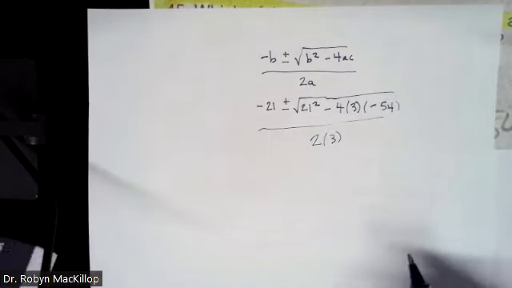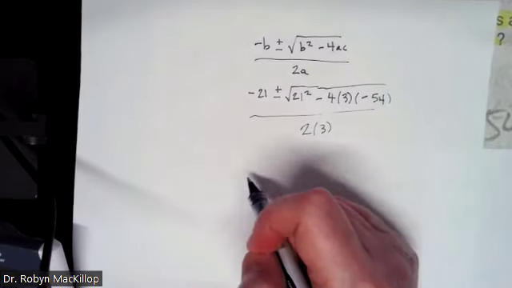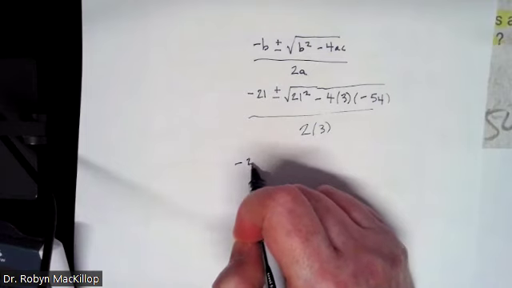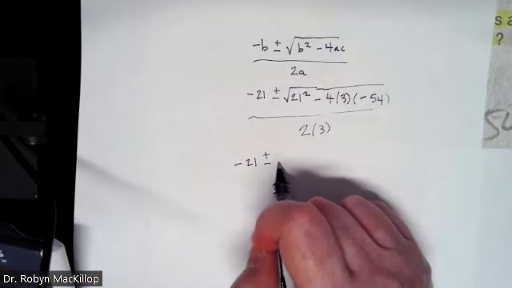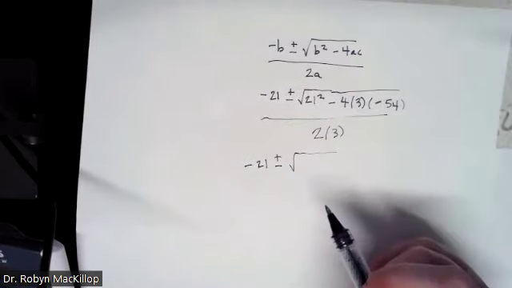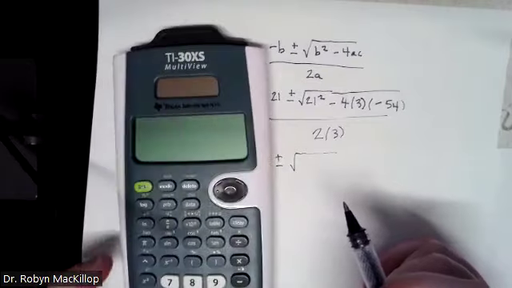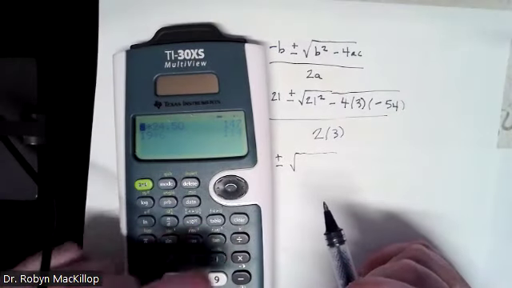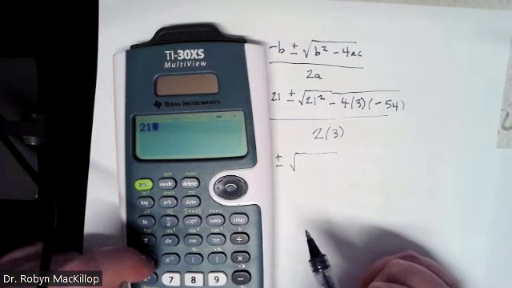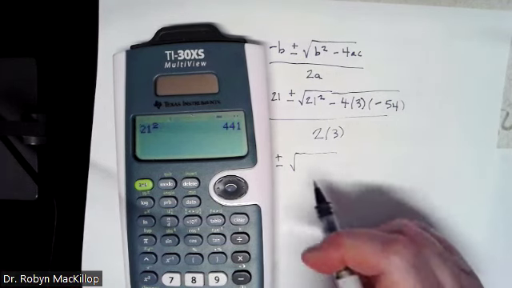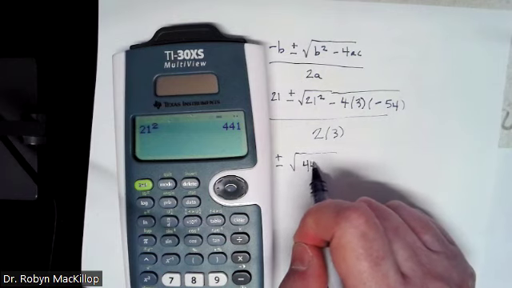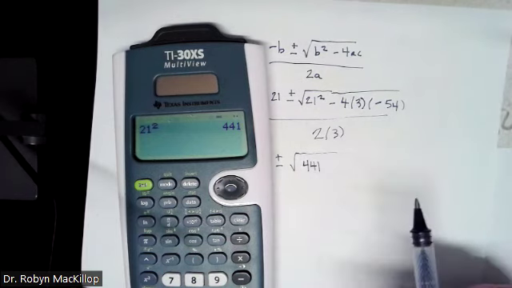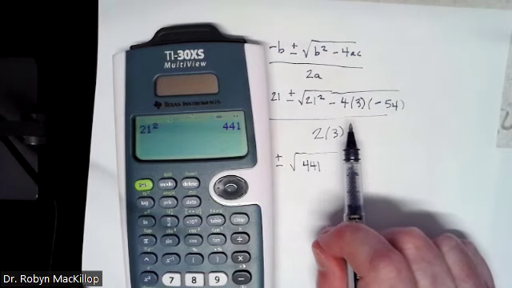So we've got negative 21 plus or minus the square root, and 21 squared is 441. And then we've got 4 times 3 is 12.